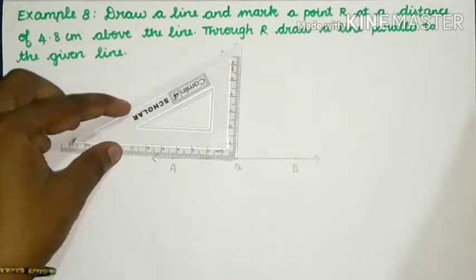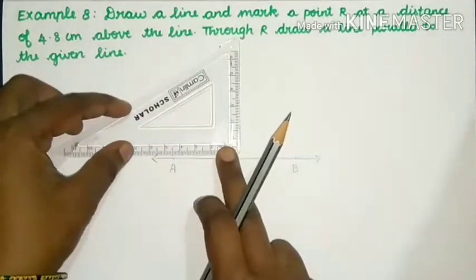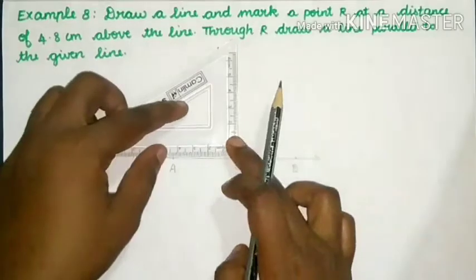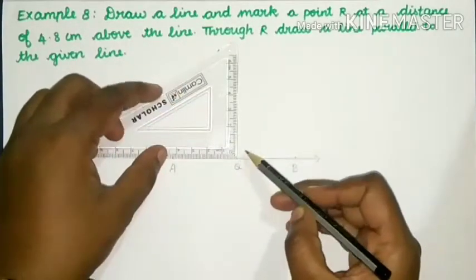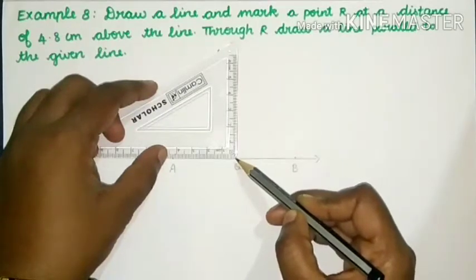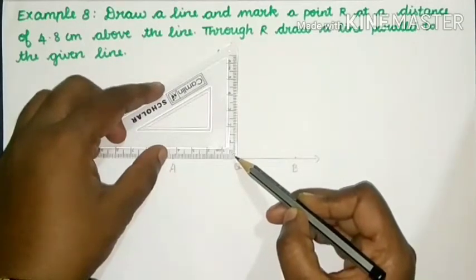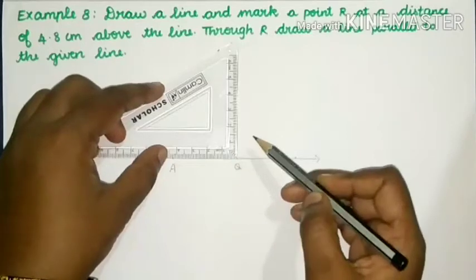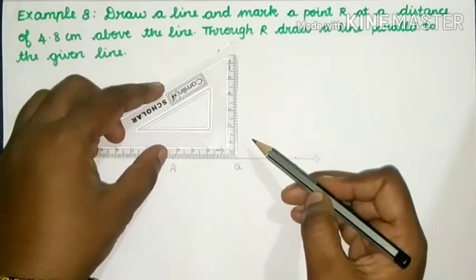Then place a set square on the line in such a way that the vertex of the right angle coincides with the point Q, and mark the point R at the distance 4.8 cm.